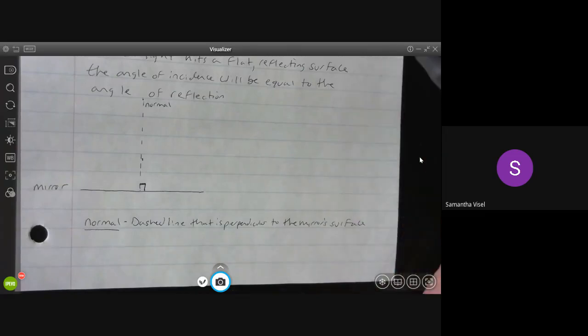And what this is going to be is my reference line. So my reference line to my light ray before and after it strikes the mirror.